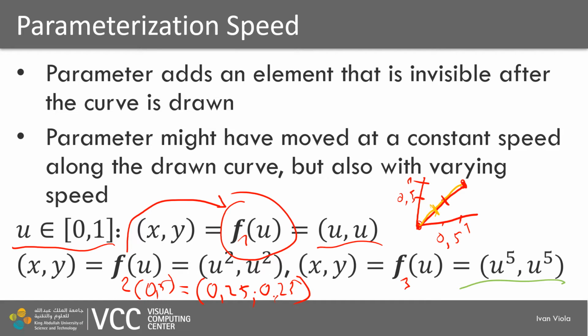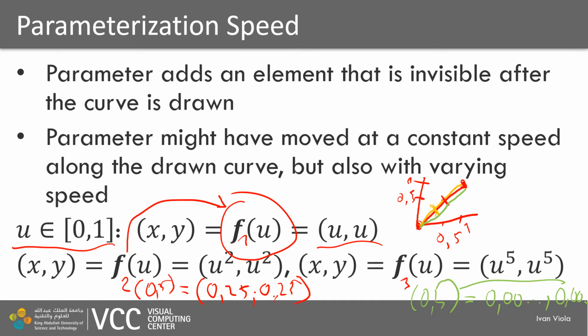The value u will vary between 0 and 1, and then finally a drawn curve will be varying between this 0 and 1 interval. So it will map to points 0, 0, 1, 1, and all the others where the x and y coordinates are identical. However, for example, for f3 with u equals 0.5, 0.5 powered by 5 will be something very small, so it will be something like 0, 0, and the same will hold for the y parameter.